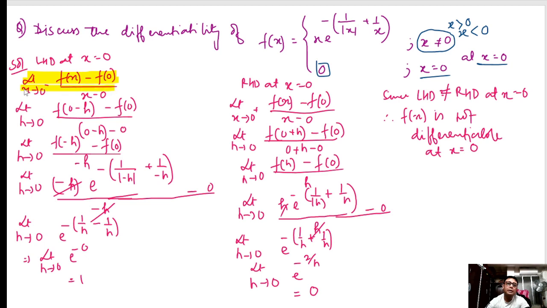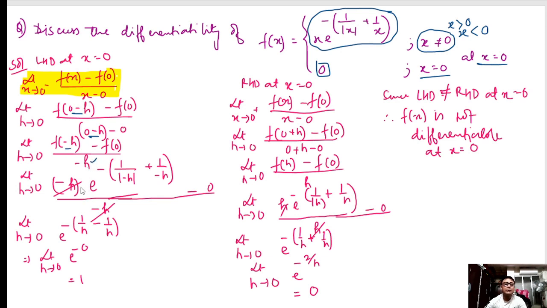So limit x tends to 0 minus, so in place of x I will put 0 minus h. Okay, so it is less than 0, so I will choose this function, and in place of x I will put 0 minus h. Okay, so 0 minus h is actually minus h.